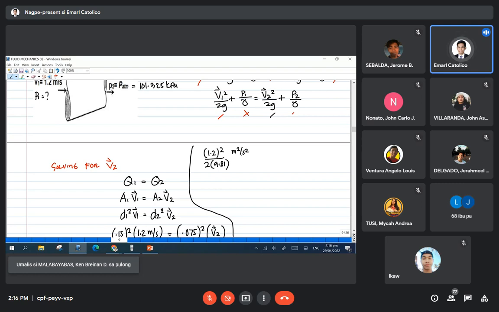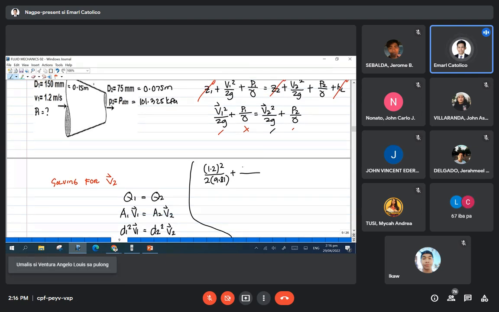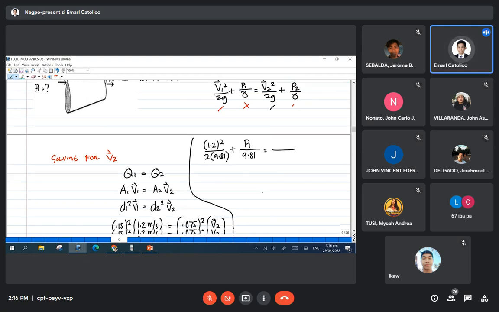Meter squared per second squared over meter per second squared. So, meters na ang lalabas. Kahit hindi ko na isulat. Plus, P1 natin is yan yung nawawala. P1 over gamma, gamma is 9.81. Unit mo dito, kilonewton per meter squared. Dito, kilonewton per cubic meters. So, unit mo dyan ay meters na lang din. Kahit hindi ko na isulat. Kasi unit-wise naman siya.